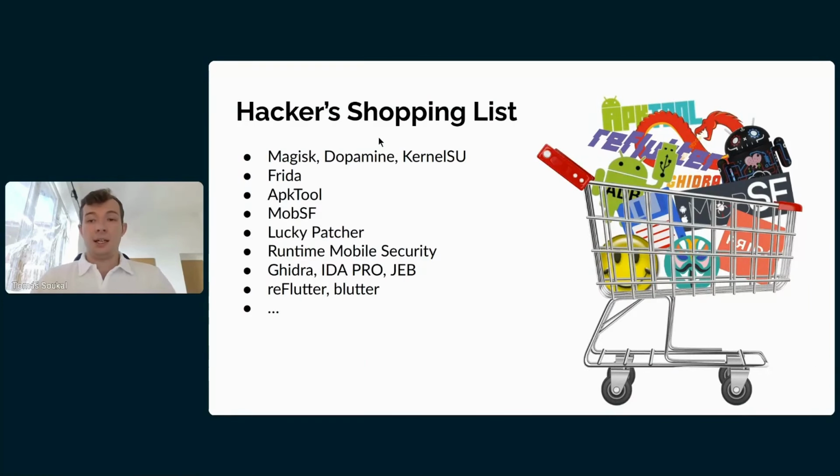So as a hacker or as a reverse engineer, I need to know what tools are available and what they can be used for. For example, to gain root or escalated privilege, or a jailbreak on iPhones, I have various technologies available like Magisk, Dopamine, or KernelSU that help me get this escalated privilege to do whatever I need on a device.